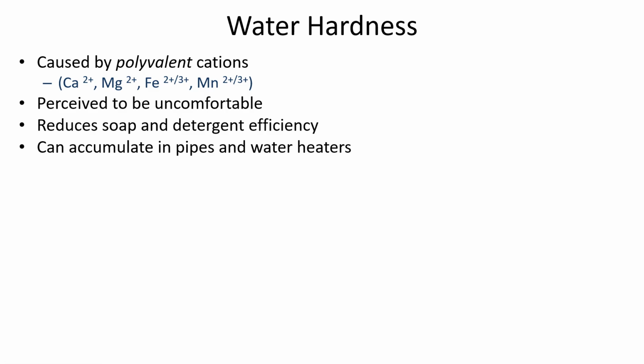So let's just talk about water hardness and softening in general terms. Hardness is caused by polyvalent cations, and the polyvalent cations we're accustomed to seeing in water predominantly are calcium and magnesium. Those are the cations that would be in the highest concentrations.